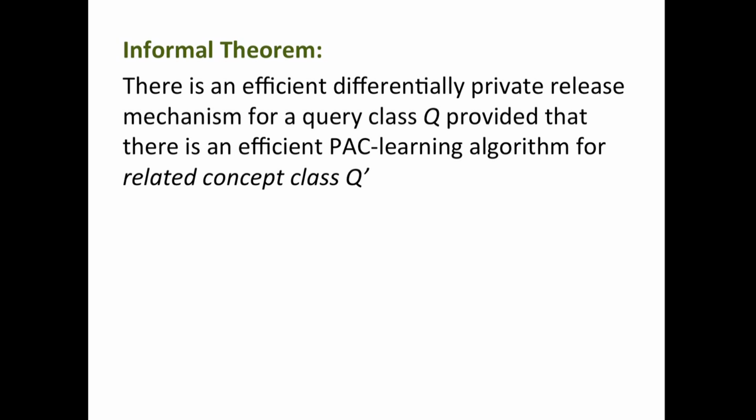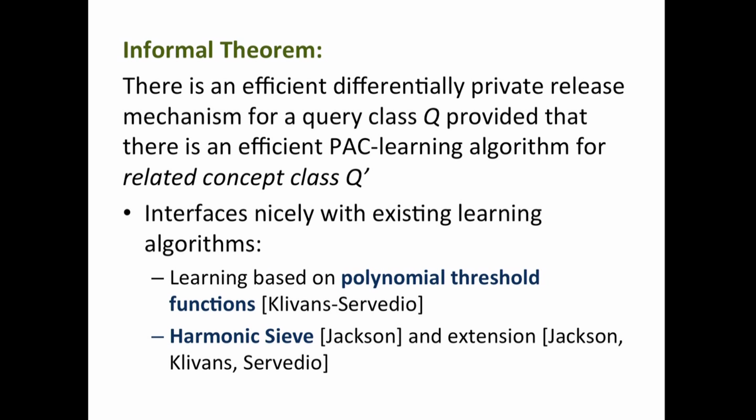If you had a PAC learning algorithm for a related concept class Q prime, then you would automatically get an efficient solution to the privacy problem for the query class Q. And this interfaces rather nicely with some existing learning algorithms, so we're able to plug in some well-known examples like learning based on polynomial threshold functions as used by Klivans and Servedio. So these are papers in the learning community which we can plug into our reduction to get more efficient private data release algorithms. Okay?